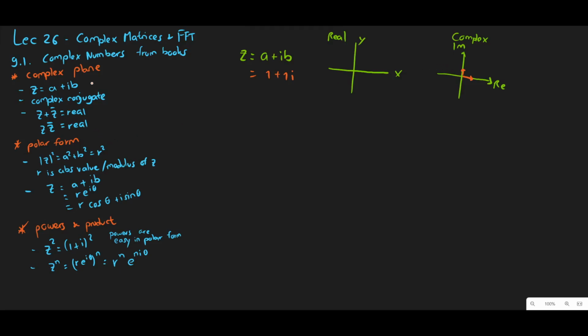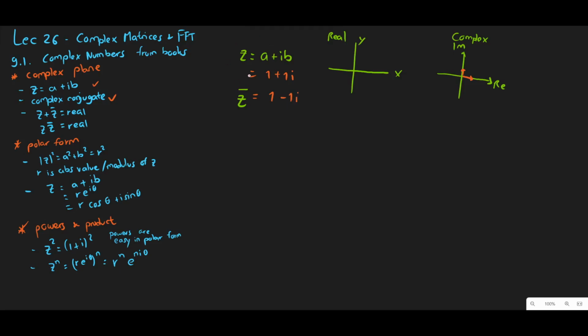And then there's an idea of the complex conjugate, which is just switching the sign of the imaginary part to negative if it were positive, or the other way around. So in this case, the conjugate of z here is 1 minus 1i.